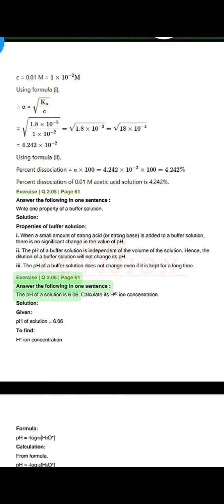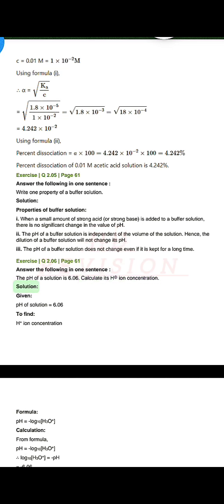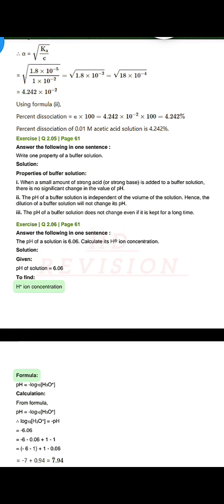Exercise Q2.06 page 61. Answer the following in one sentence. The pH of a solution is 6.06. Calculate its H3O+ ion concentration. Solution. Given: pH of solution equals 6.06. To find: H3O+ ion concentration.